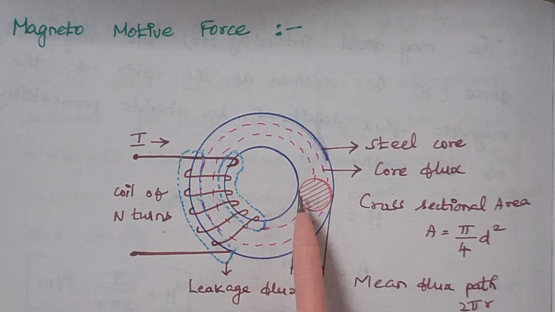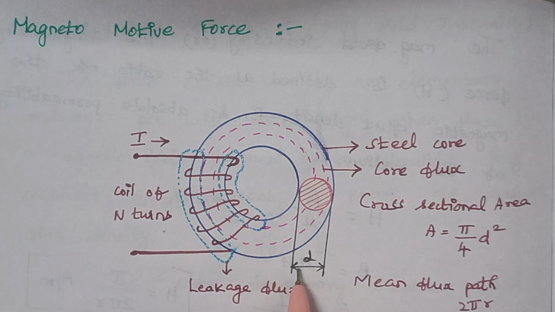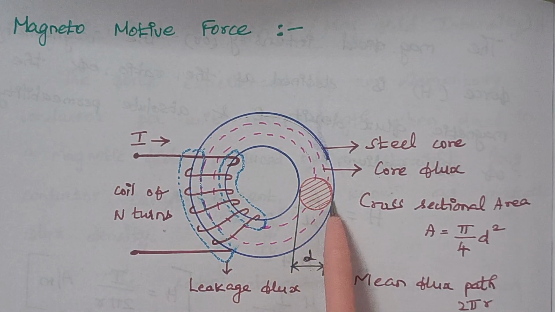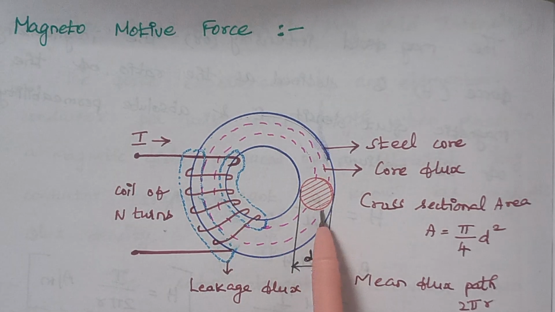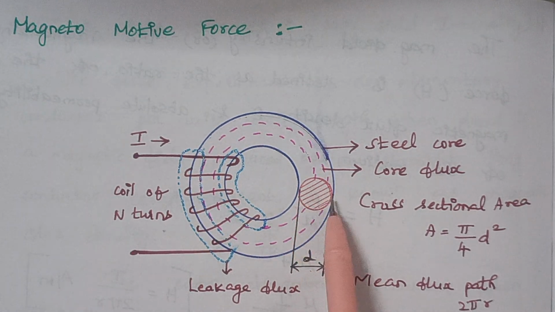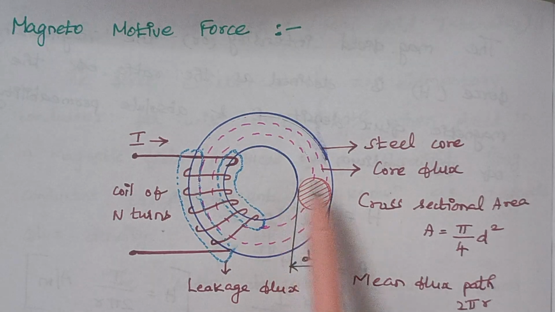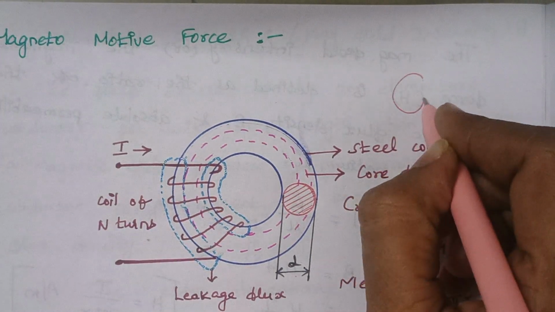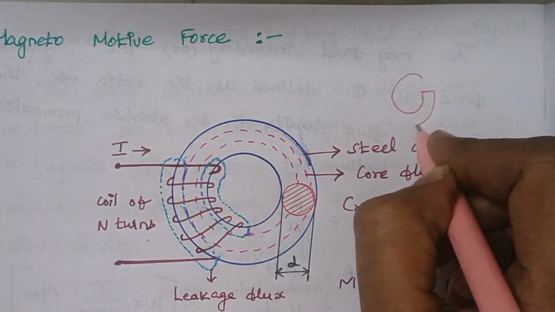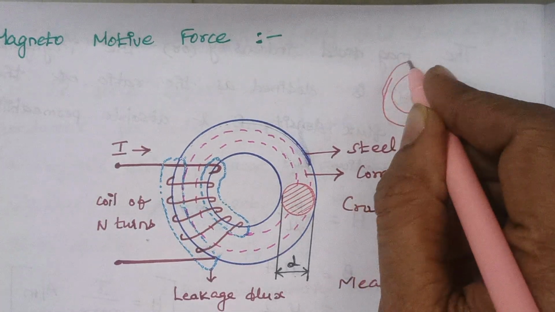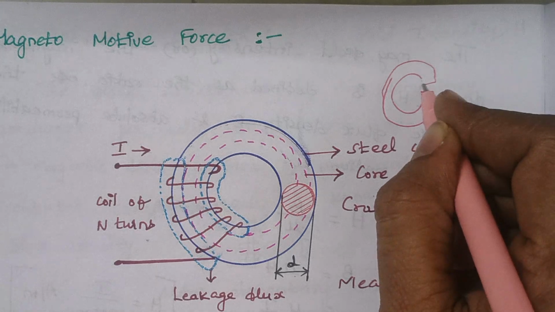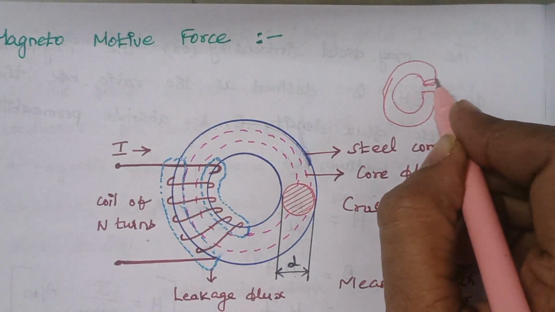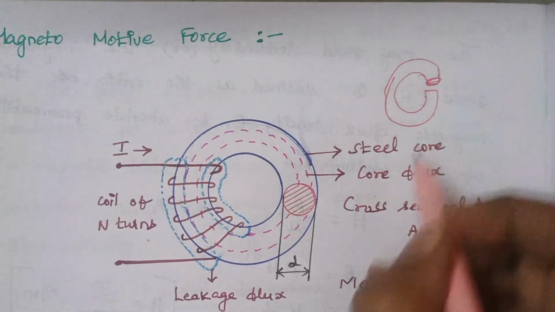And for the iron ring, you see this d is the diameter of the cross-sectional part of the iron ring. What I mean by this is, when you cut this iron core into two, this area will look like a circle.